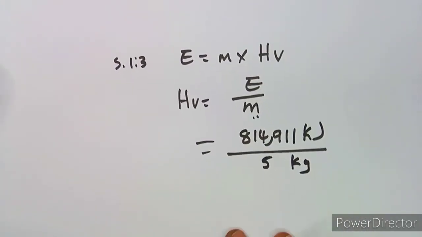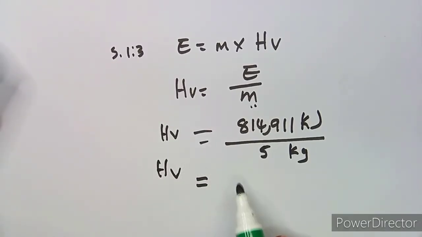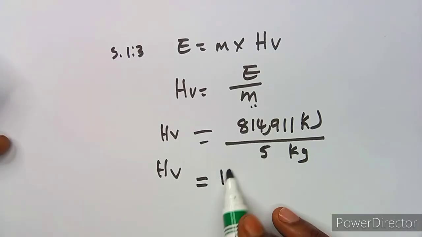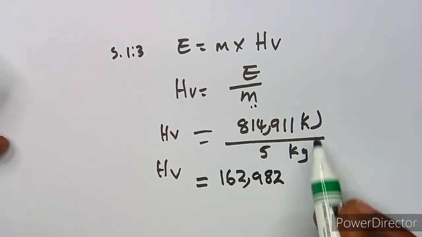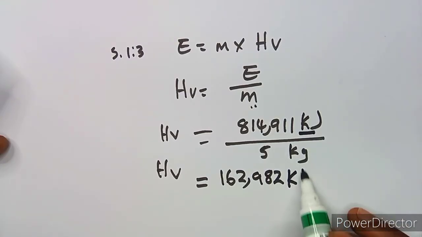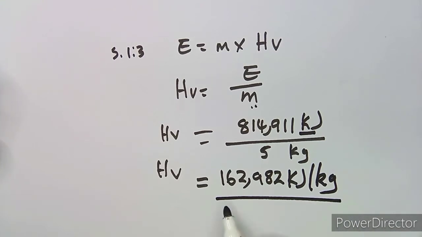If you divide properly, we are going to obtain the heat value here. If you divide these two numbers, you are going to obtain 162,982. So this is kilojoules per kg. As we can see from this part, we have kilojoules per kg.